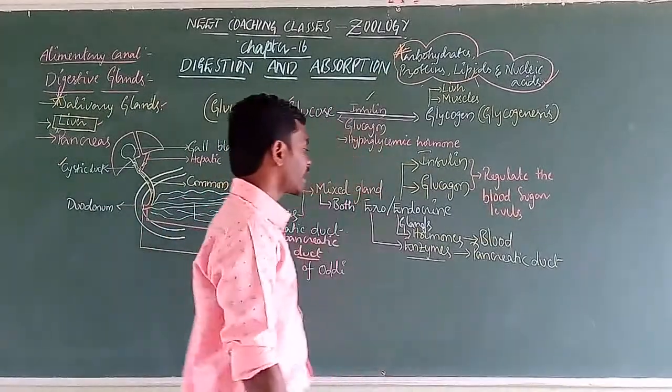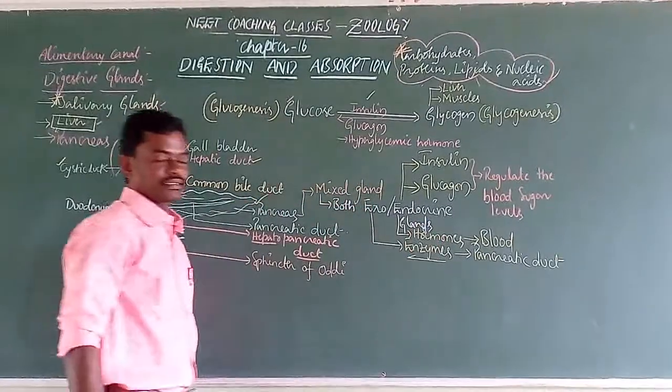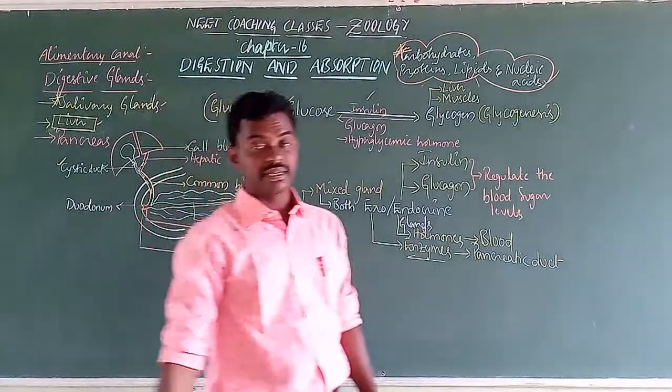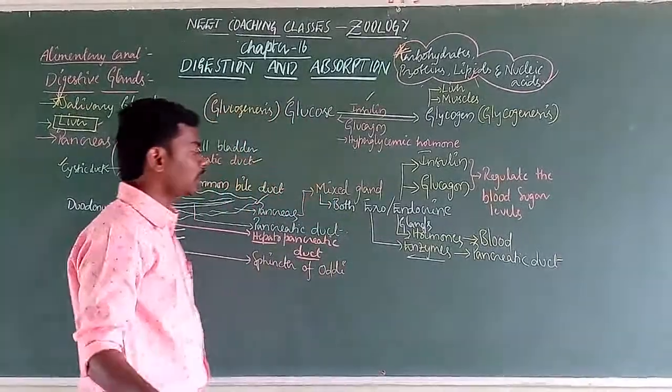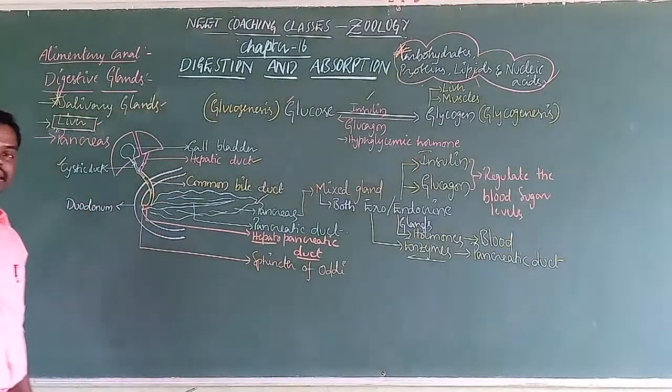At the same time, the pancreas can release enzymes: peptidases, proteases, lipases, nucleases. All those types of enzymes are produced by the pancreas itself.